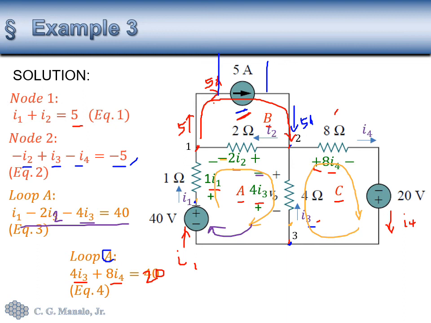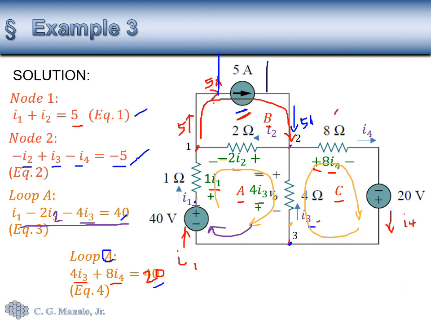So loops that contain current sources, we initially avoid them, and we only look for loops where there are no current sources, and we write those equations. So these are the equations: equation 1, 2, 3, and 4. That should be enough to solve all of the currents, the 4 variables.